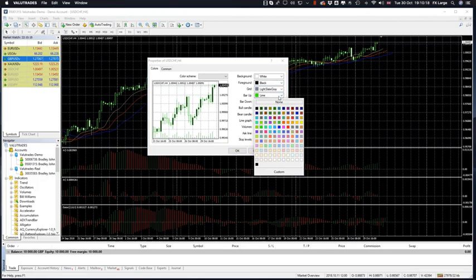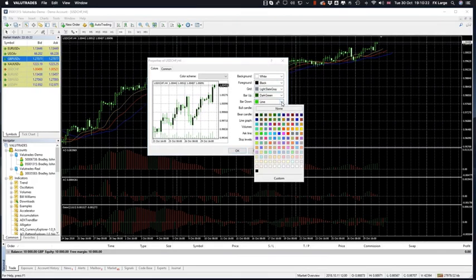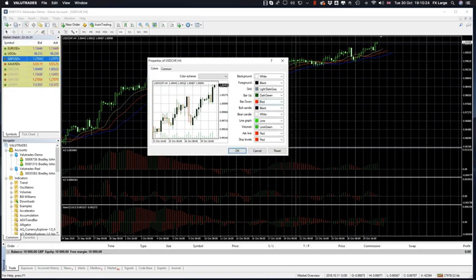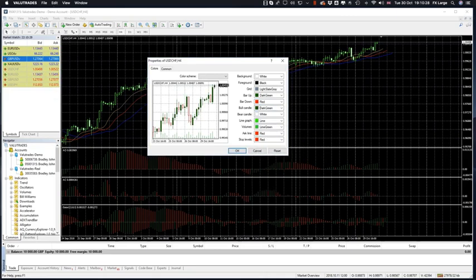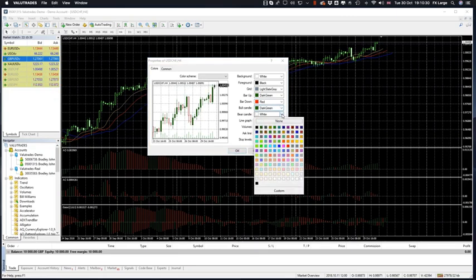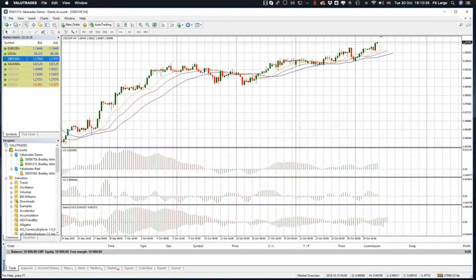I want the bar up to be darker green. I want the bar down to be red. Bull candle to be darker green, and a bear candle to be red. And I'll leave the rest as it is. So here we have a white background with green bull candles and red bear candles.